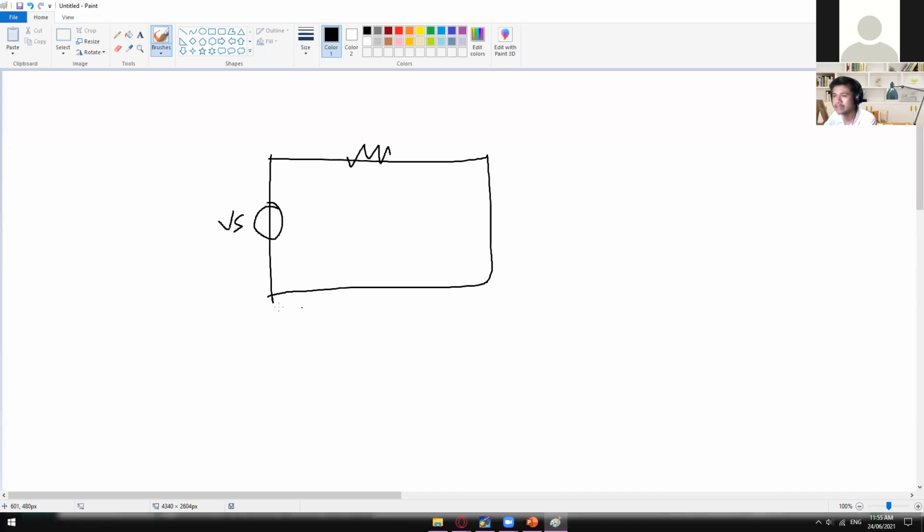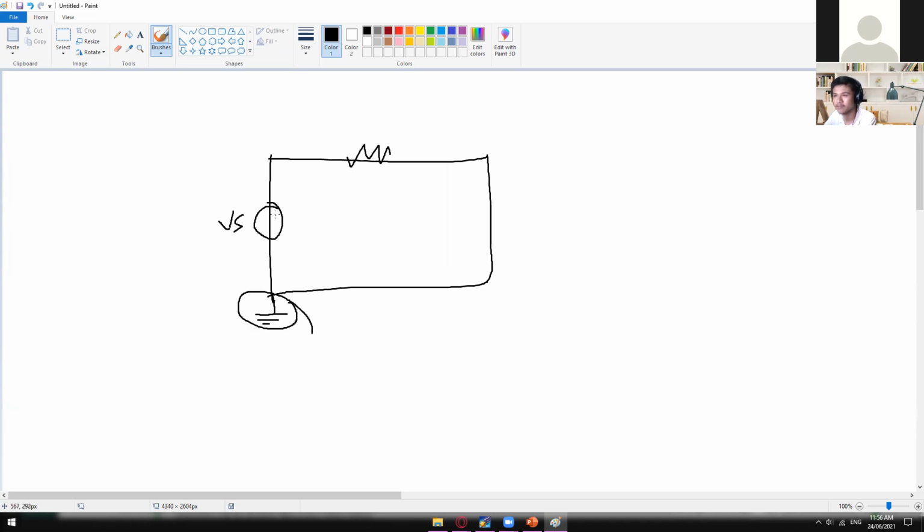Mostly the ground is not indicated. It's an invisible ground, but it's common sense that there's already a ground in an electric circuit. To represent that, it's represented by this symbol right here, a line with three lines. So that's the symbol of a ground.